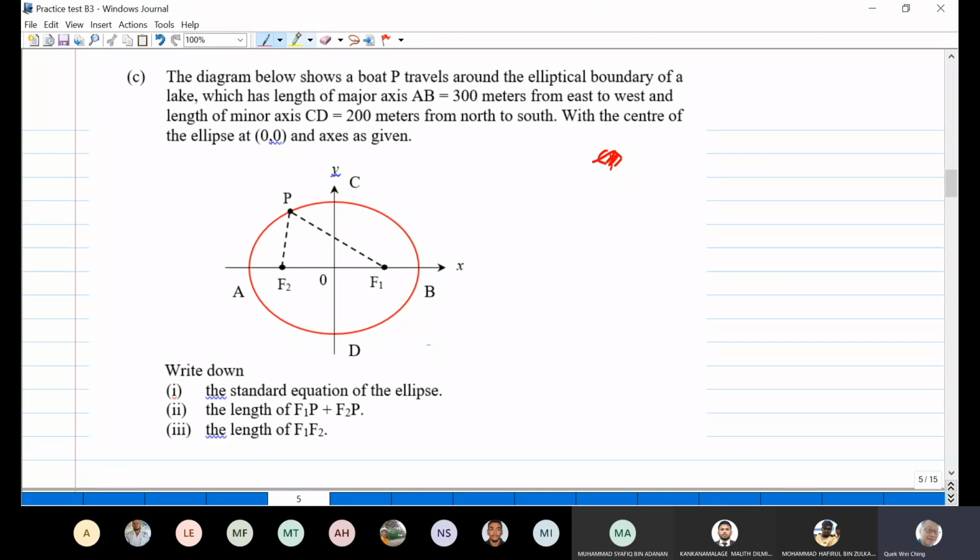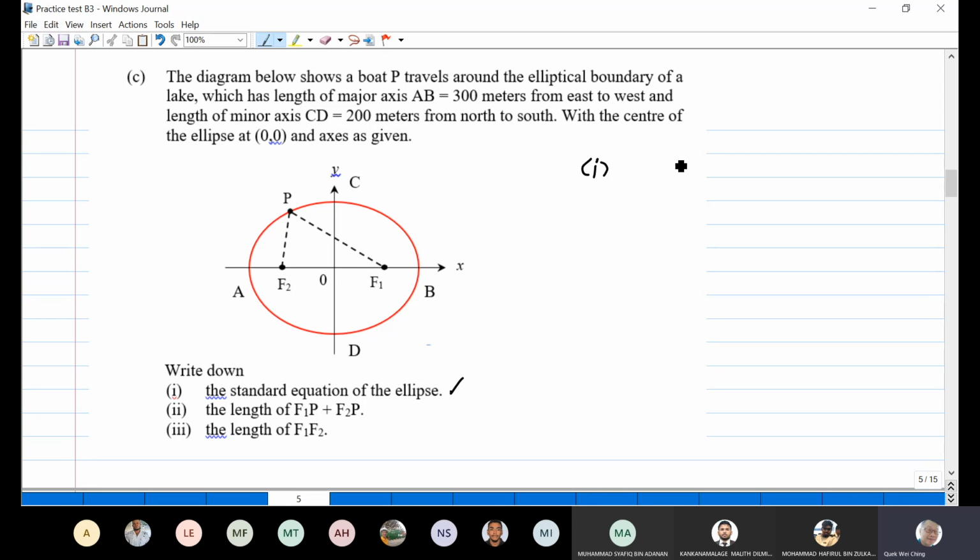So this question is different from the practice exam because I changed the question earlier.